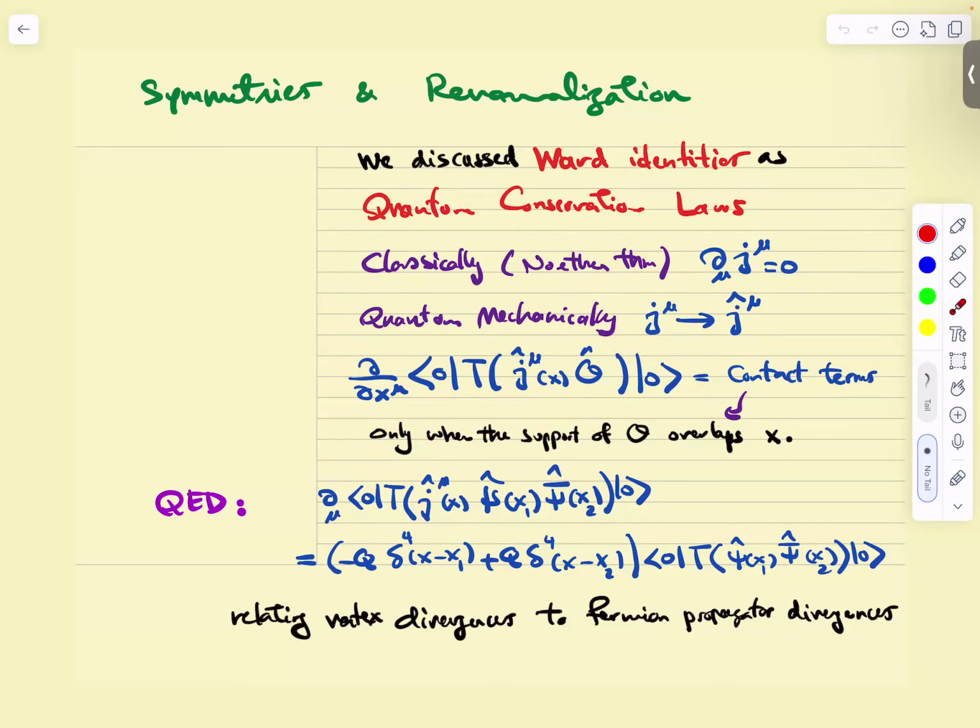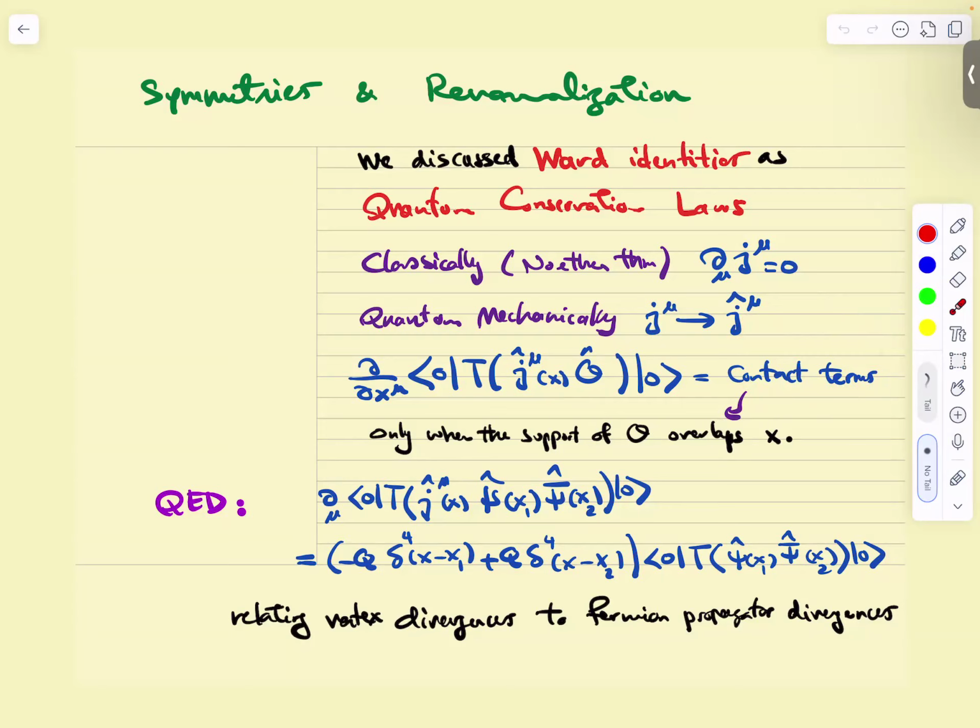So what is a contact term? This O has a bunch of operators at various points, and when x is not on top of any of those points, this is 0. But if you put this on top of any of those points, there will be Dirac delta functions or divergent terms, right? Those are called contact terms for obvious reasons.